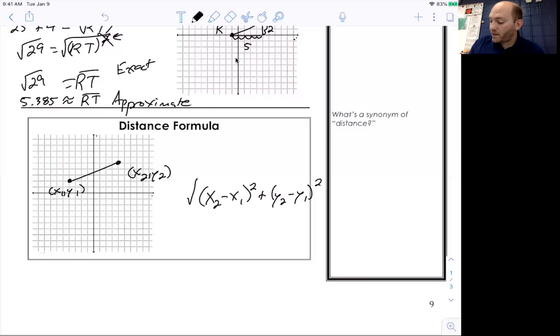This is how I find distance without a graph. I'm going to tell you right now, maybe we'll do this in class, that this is related to Pythagorean Theorem. It has a direct connection. Take a look at that and think about how it relates to Pythagorean Theorem.